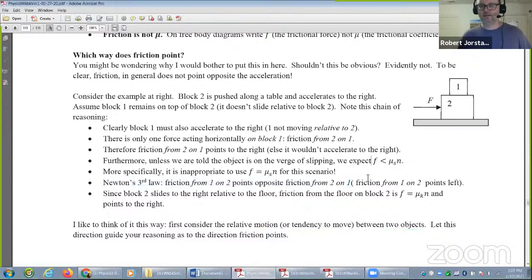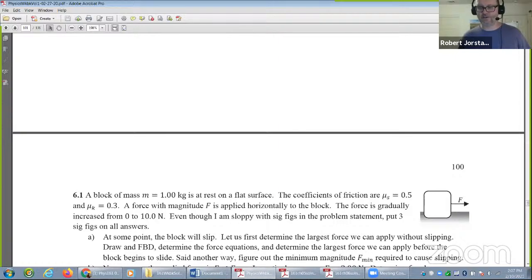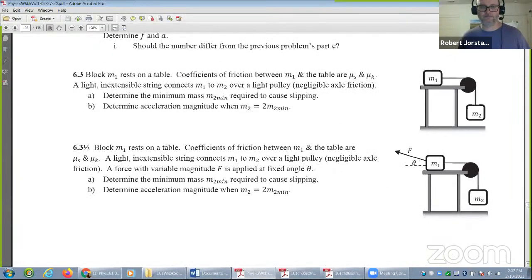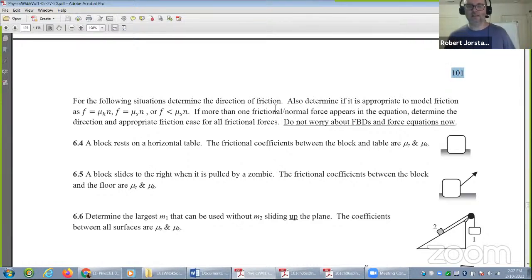Okay. Now, if you are worried about this and you think you're a little bad at it, let me show you something here. This page 101, literally, you're not supposed to do FBDs and force equations for this. It's literally thinking about friction. So this entire page, page 101, is to practice and make sure you could read a problem statement and identify which direction friction should point and which coefficients.